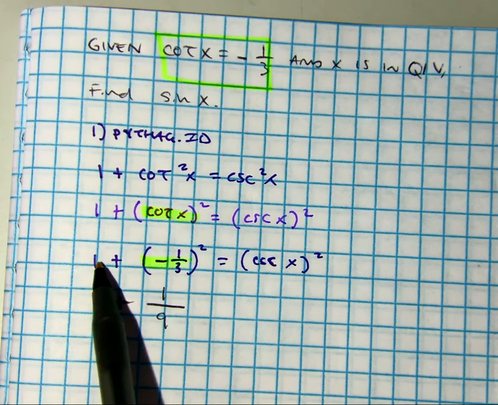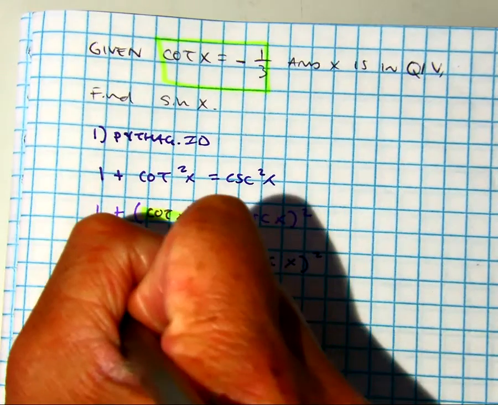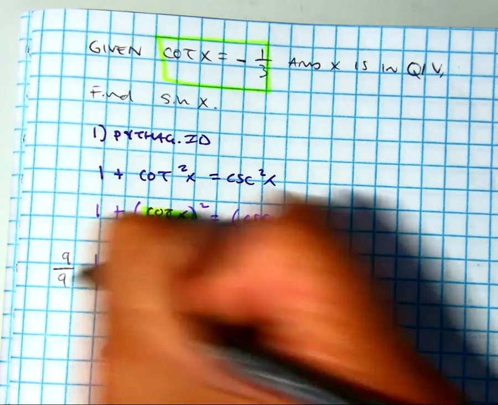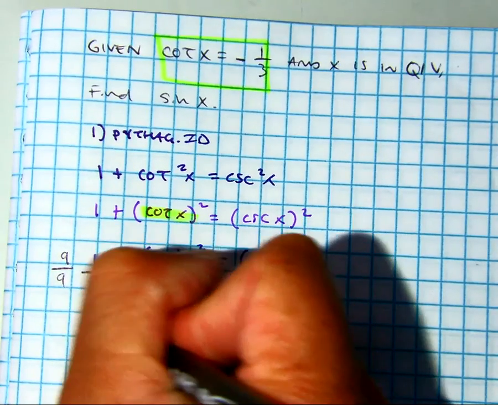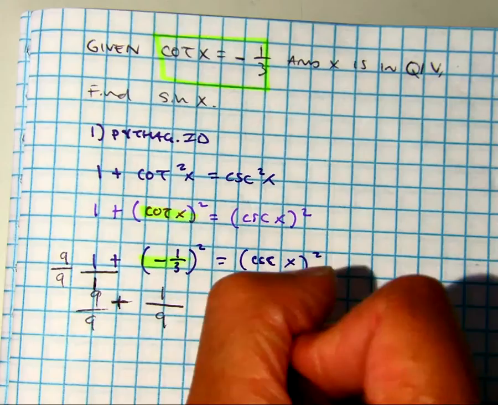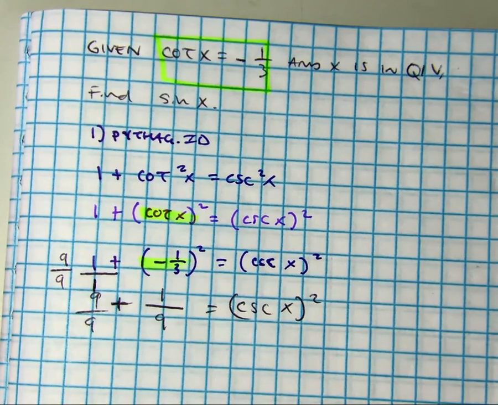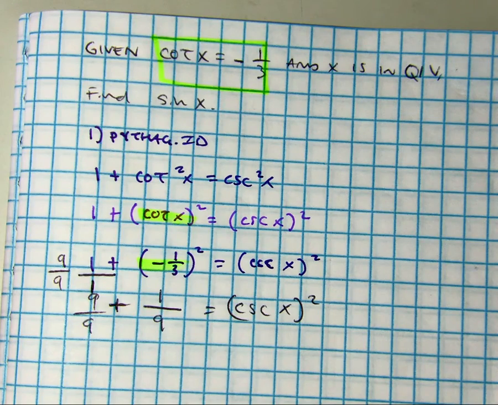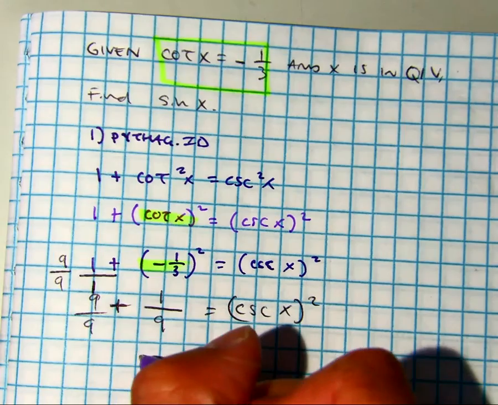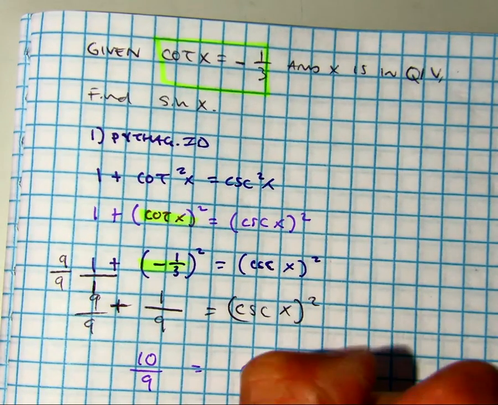So how do you make 1 a fraction? I need a common denominator of 9, so I'm going to have to multiply by 9 over 9. So that essentially means that that'll become 9 over 9. 9 plus 1 is 10, so 10 over 9 equals cosecant x squared.